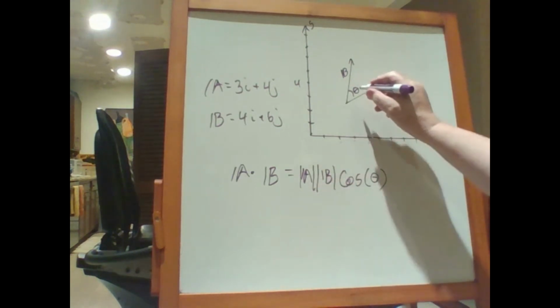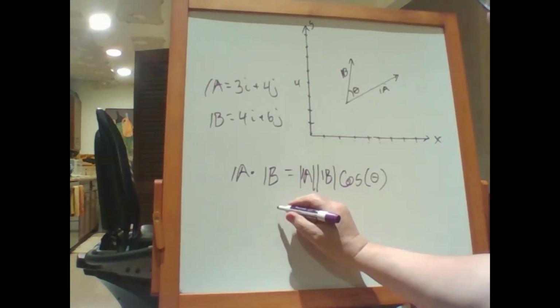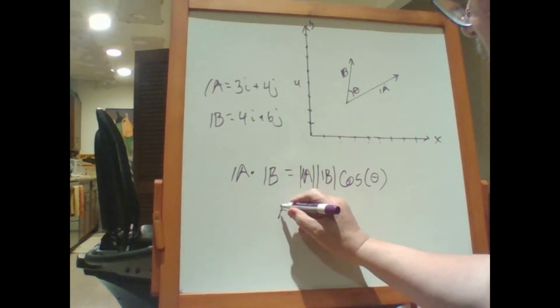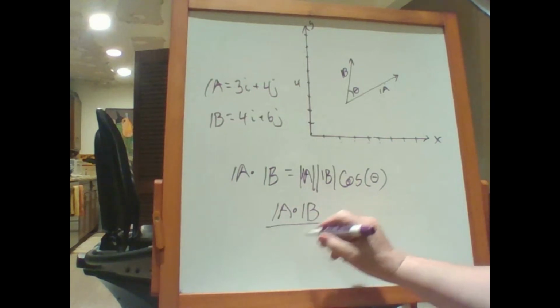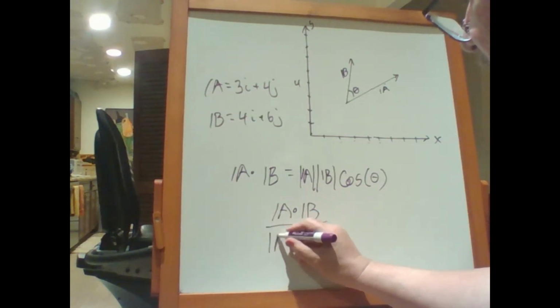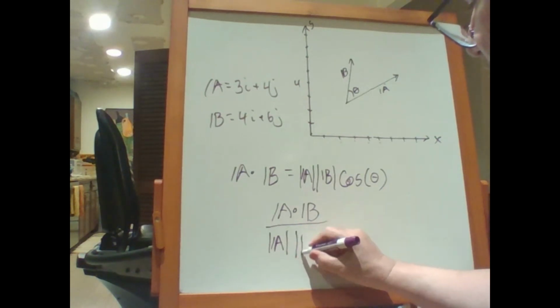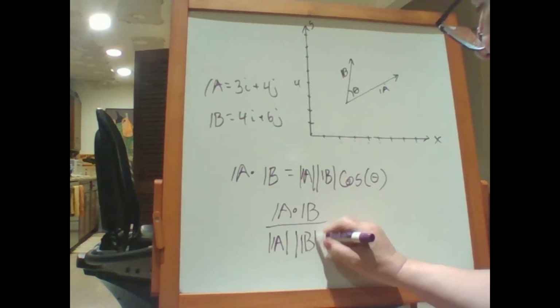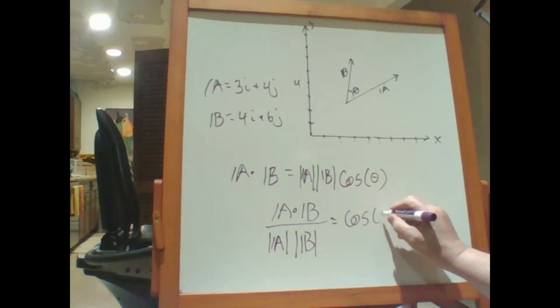So if we want the angle between the two vectors, we've got A dot B over the magnitude of A times the magnitude of B equals cosine of theta.